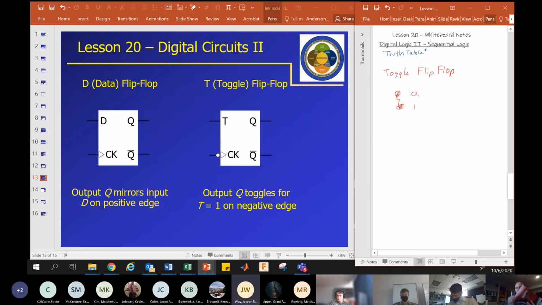Maybe it just doesn't care what input is coming in. It just flips it every time it hits a clock signal. Yeah, it toggles. So when it gets the correct clock pulse, it will just switch its output from whatever it was previously.